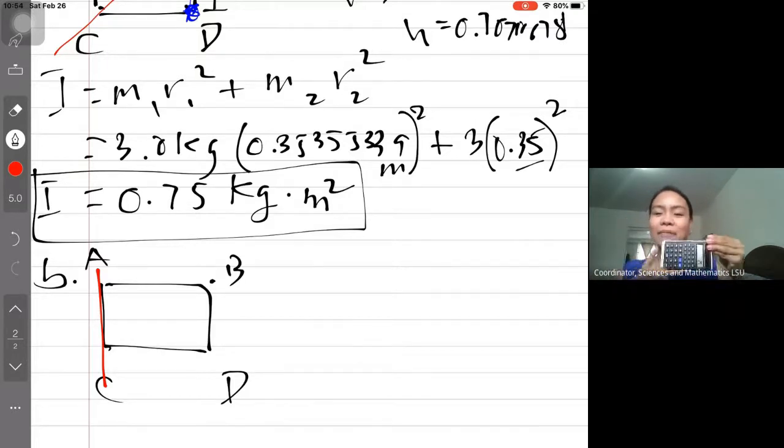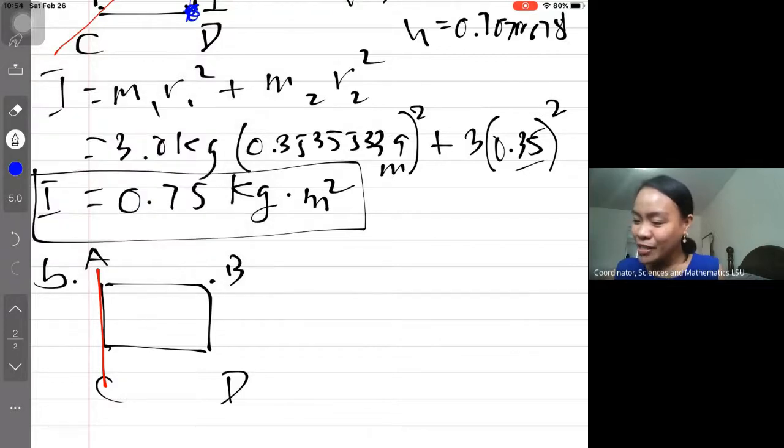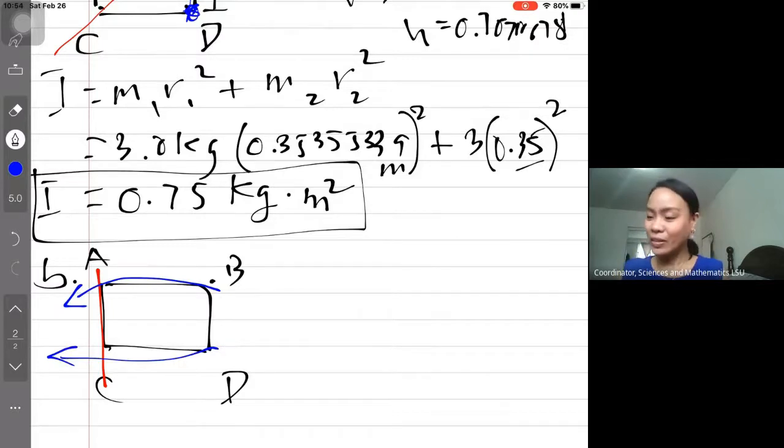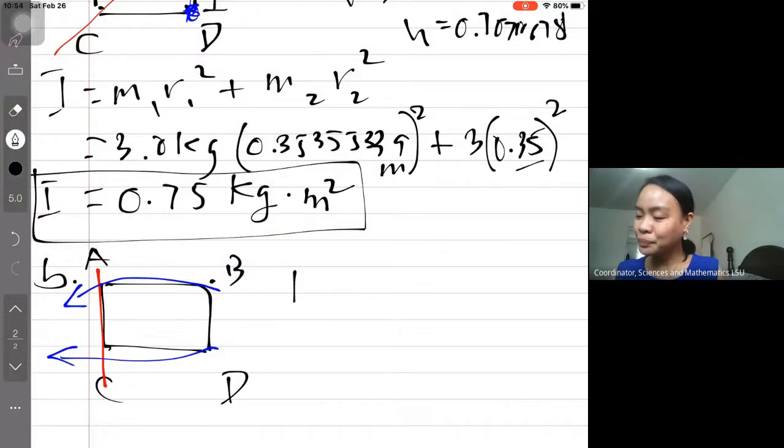Now, this will be our axis of rotation. I hope you get that one. B is rotating along that one, and D is rotating along that axis. So our moment of inertia this time would be the same formula, m1r1 squared.